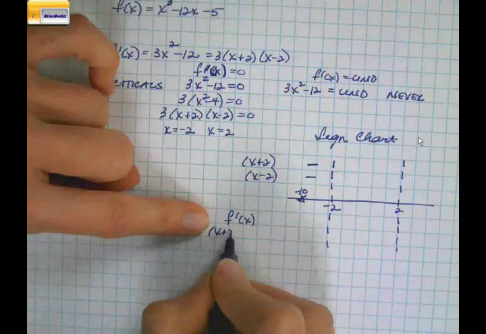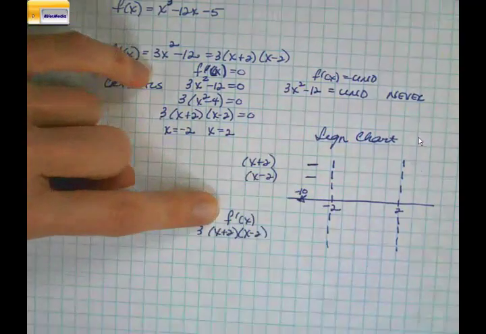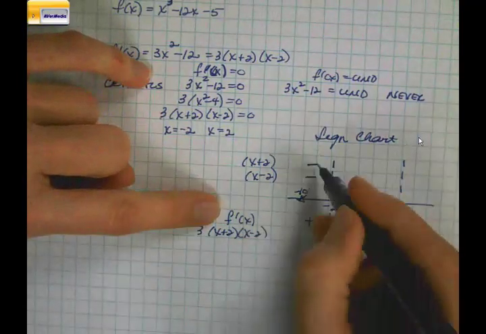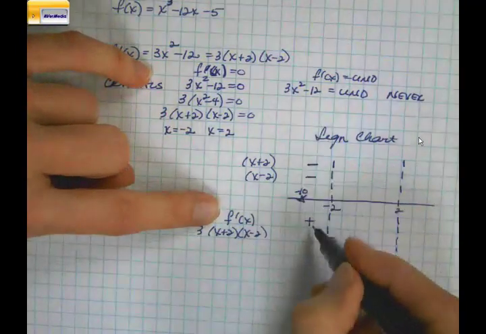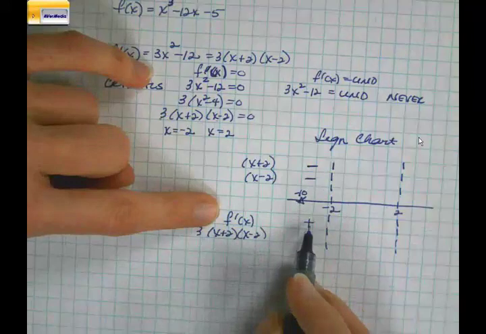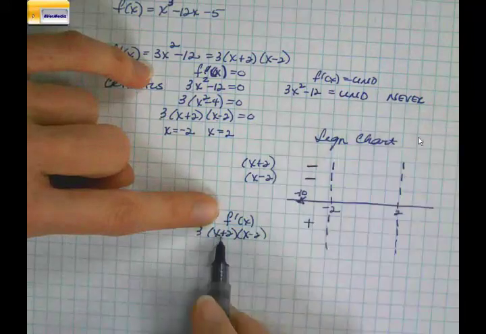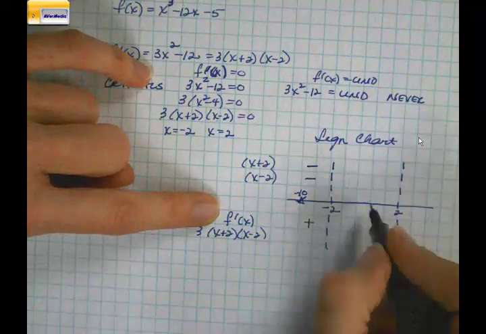If my first derivative is the product of these two, is it negative or positive? It's positive, because a negative times a negative is a positive.